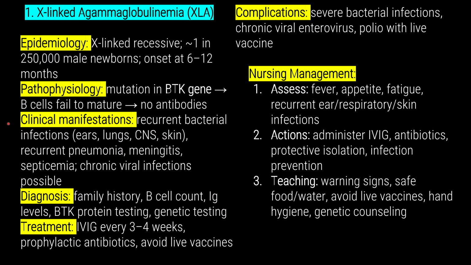So that's why it's important for the nurse to have the family history. But some people don't know their family history, and that's why it's good to have the B cell count.